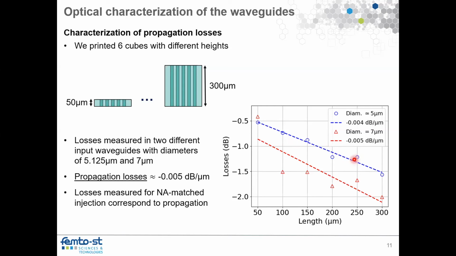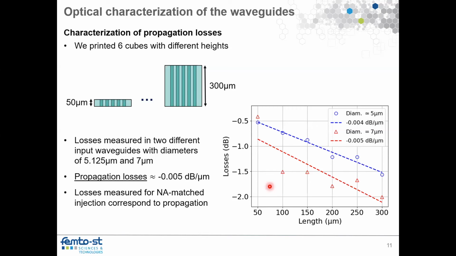So by fitting these points for 2 different inputs corresponding to single mode and to first mode, we basically fit the losses with respect to the length of the cube, and we find this 0.005 dBs per micrometer, which I think is quite good.